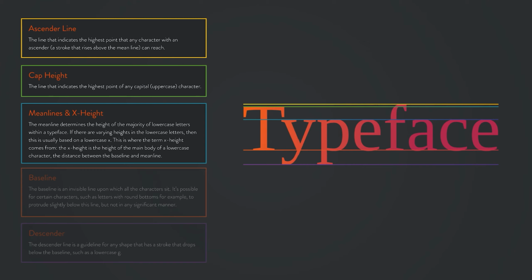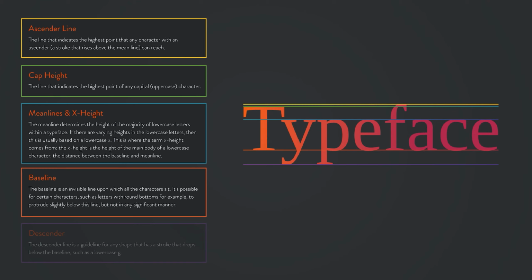But if there is some variation, like for example, if you have a flourish on the top of your rounded characters that causes them to rise above like this, but any section of a flat-topped character here would still be reaching that mean line, then your X height would be different to your mean line. But most of the time they are pretty much the same, and it's generally the distance between the baseline, which is this one here, and the mean line that informs your X height.